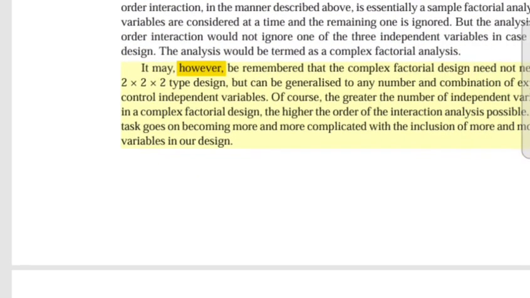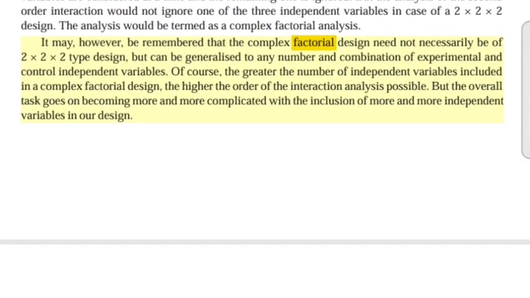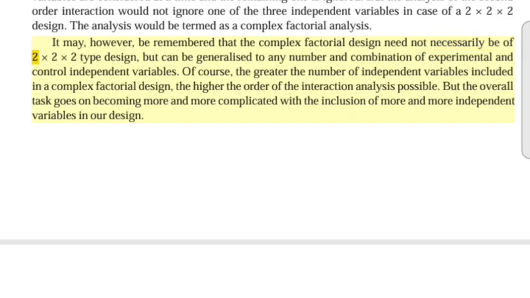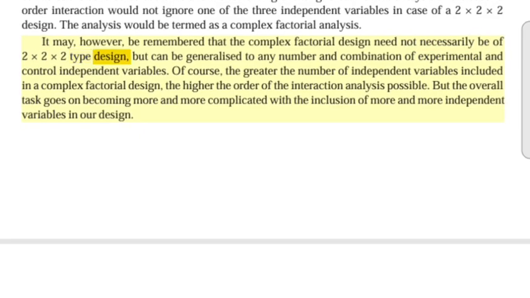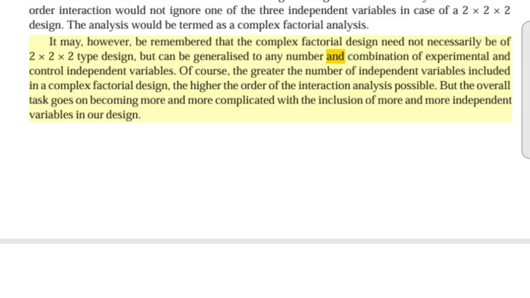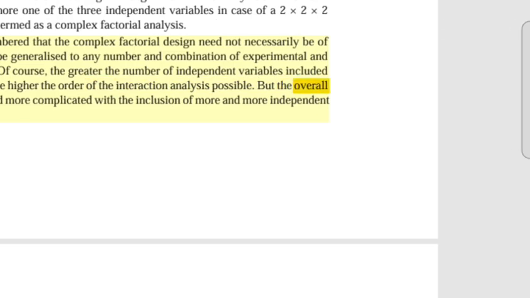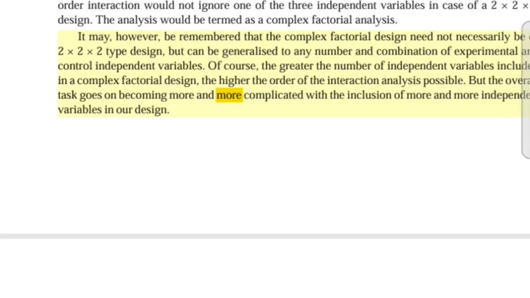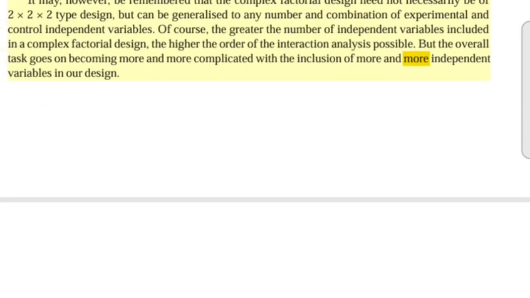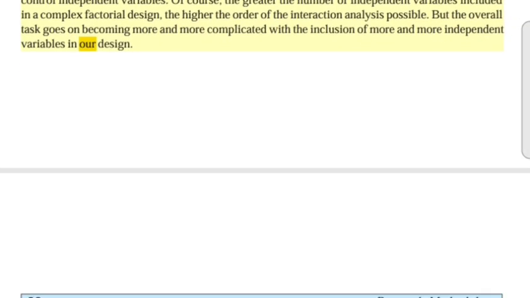It may, however, be remembered that the complex factorial design need not necessarily be of 2 times 2 times 2 type, but can be generalized to any number and combination of experimental and control independent variables. Of course, the greater the number of independent variables included in a complex factorial design, the higher the order of the interaction analysis possible. But the overall task goes on becoming more and more complicated with the inclusion of more and more independent variables in our design.